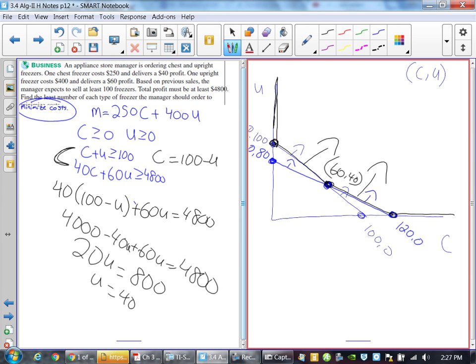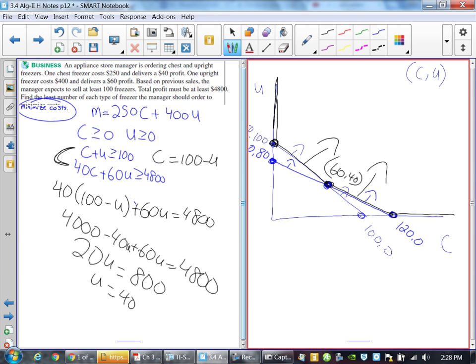So that leaves me with my last little bit to go back to my objective function. Our objective was to minimize costs. We have only 3 ordered pairs to worry about: 0 and 100, 60 and 40, and 120 and 0.